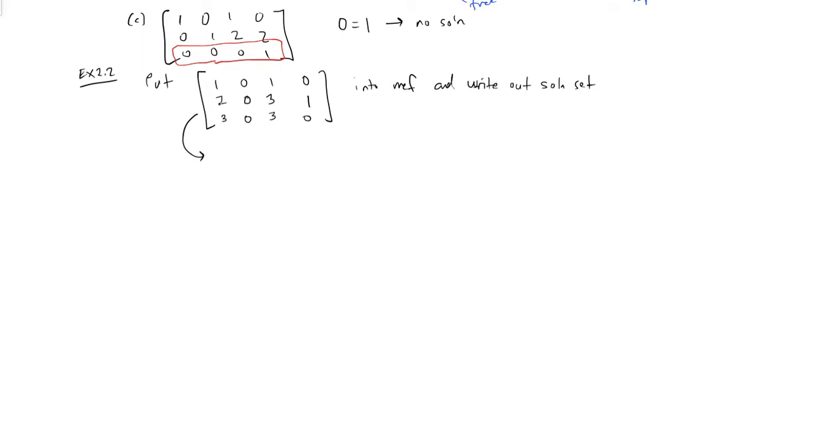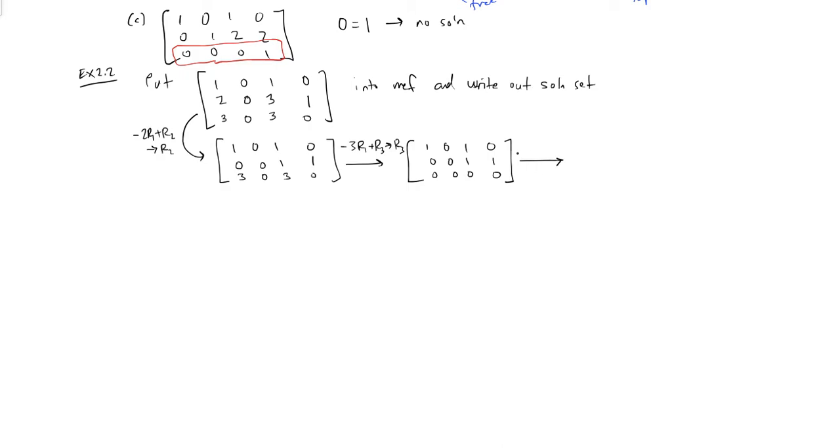All right, so let's first get rid of this 2. So if we do minus 2 times row 1 plus row 2 is my new row 2, I'll get 1, 0, 1, 0, 0, 0, 1, 1, and then the last row is unchanged. And then we do minus 3 row 1 plus row 3 is my new row 3. Once you've done these row operations as much as I have, it starts to become second nature.